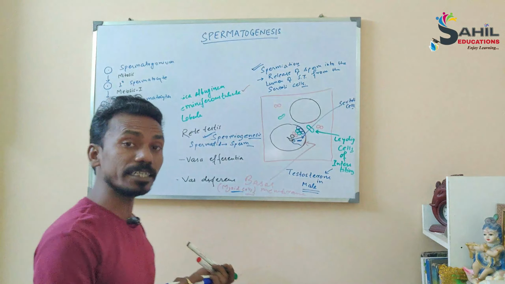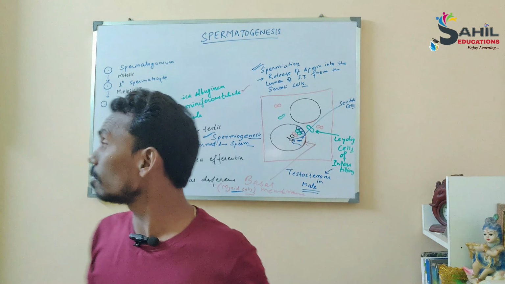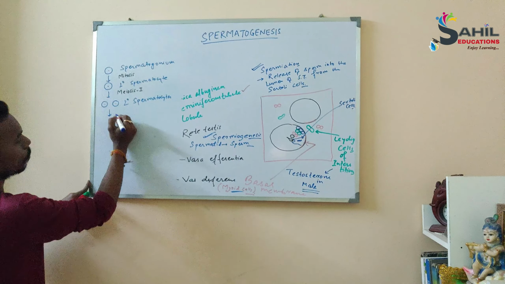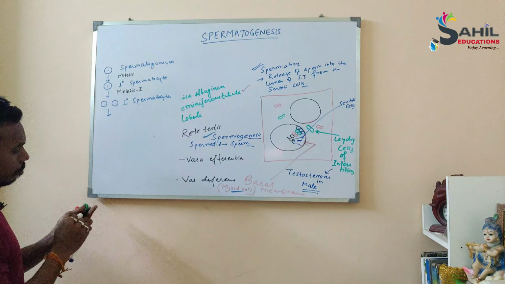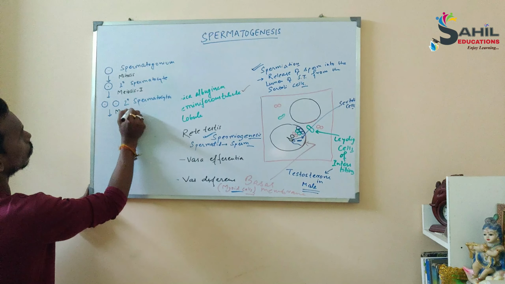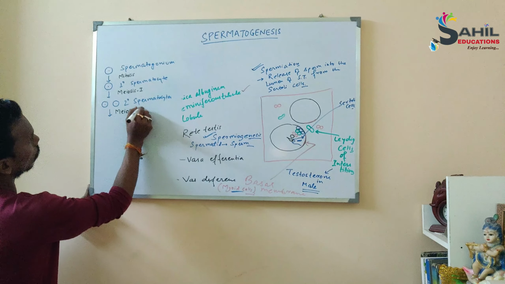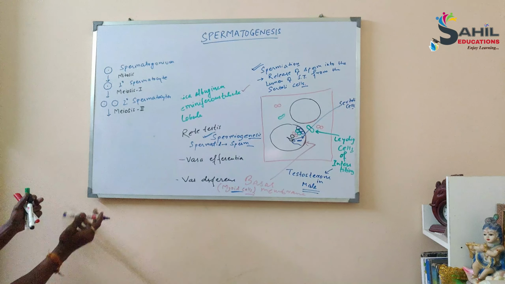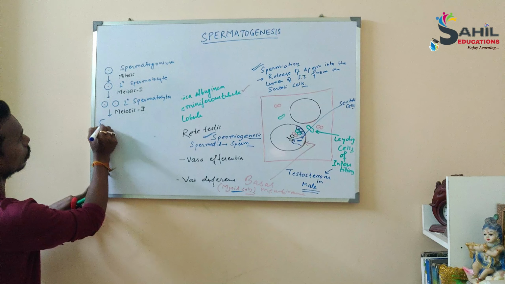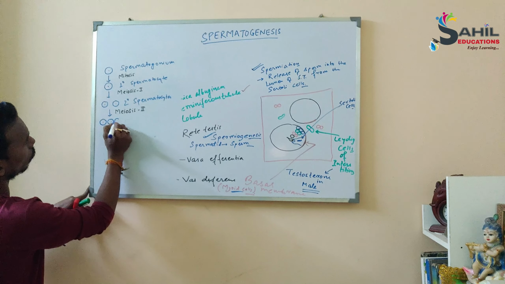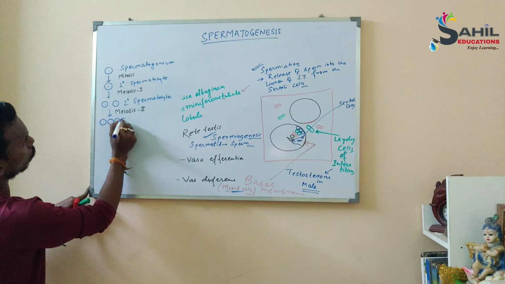After this, secondary spermatocytes will again go for the completion of meiosis, that is meiosis 2. After meiosis 2, these 2 secondary spermatocytes will produce a total of 4 round cells.